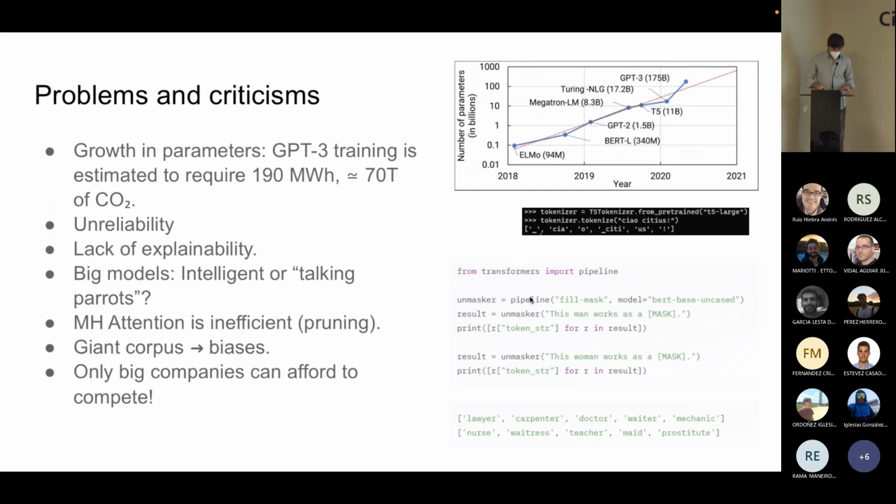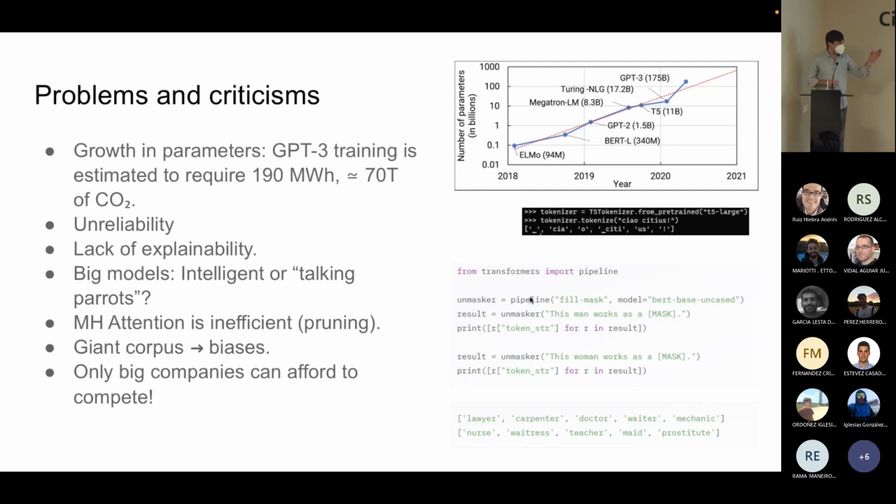And now we are getting into the problems and criticisms of transformers. First, we have in that corner the rise of parameters. This is considered by a lot of people unreasonable because we are getting into a scaling that just a few can continue, because no one can really afford to do that scale of transformers.